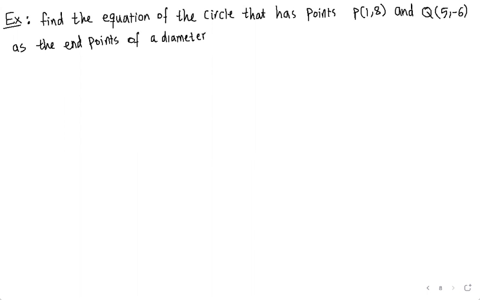So let me explain before we start solving this example. I have a circle. This circle has two points that are the endpoints of the diameter.